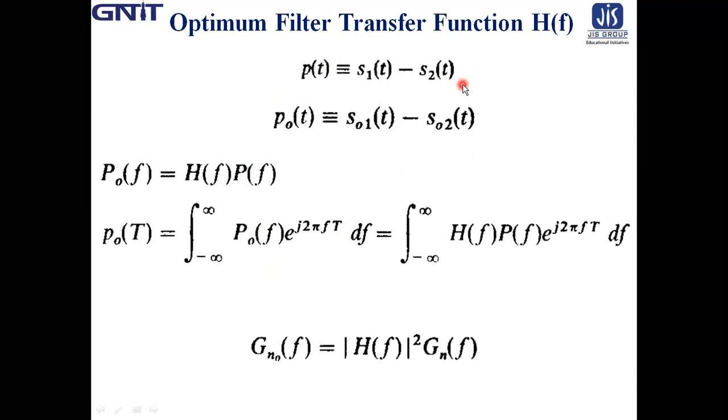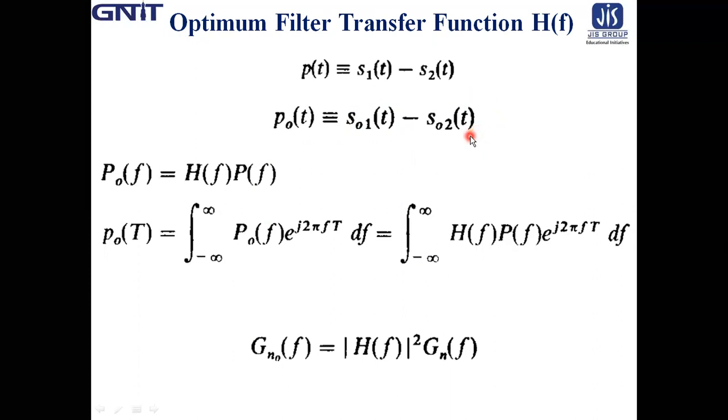Thus, for the purpose of calculating minimum error probability, we shall assume that the input signal to the optimum filter is p(t). The corresponding output signal of the filter is p0(t) equal to S01(t) minus S02(t).